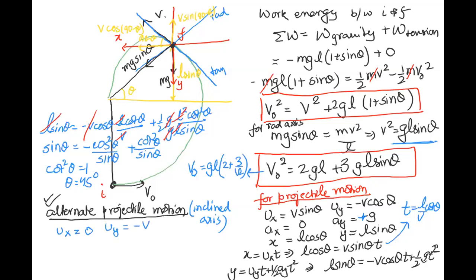And then नीचे वाला डायरेक्शन प्लस लेके मैंने किया है. And then ax is equal to g sin theta. Ay is equal to g cos theta. X is equal to L. Y is equal to 0.